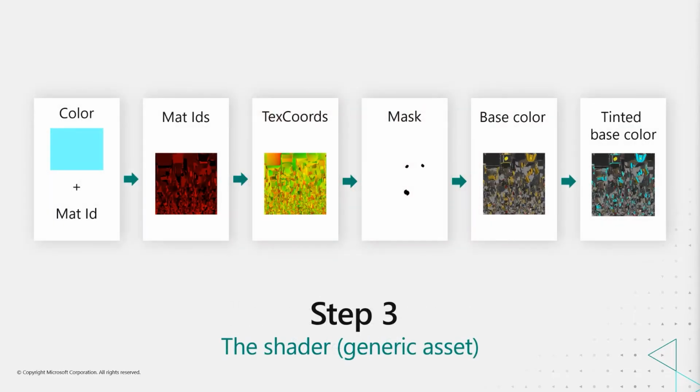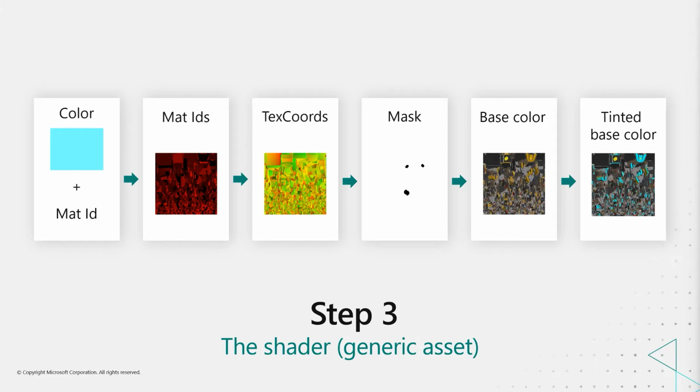Now, as I said, this was a generic asset, which was not built for this specific case, which means that we have to do a slightly more intricate shader in order to be able to modify the color, which is what we chose to do in our example. So what you have here is a color coming in and a material ID.